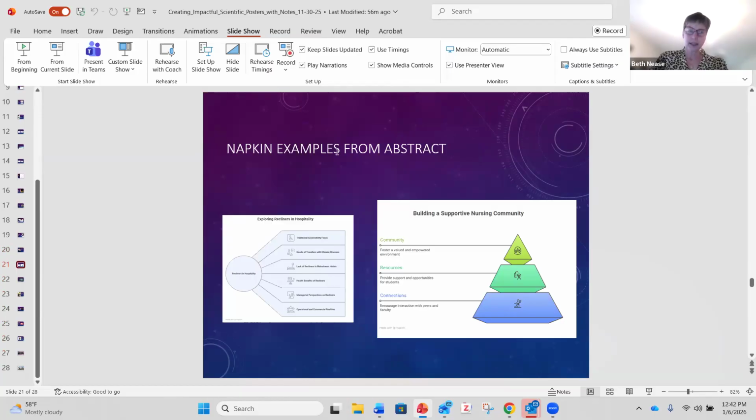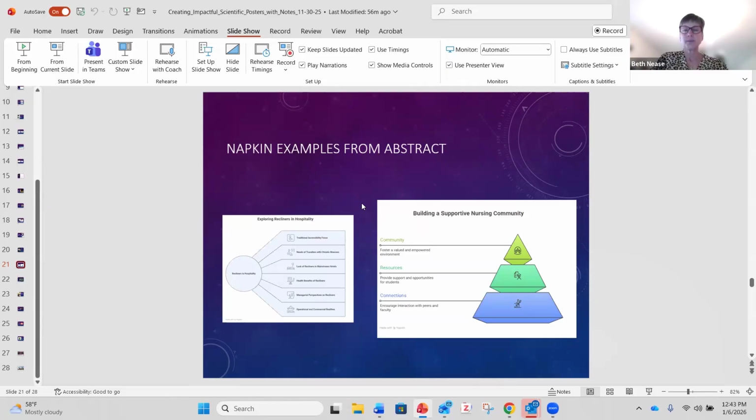So this is an exact example from Napkin, and Napkin is kind of more of a business tool than a research tool. But a lot of my research is related to nursing leadership type of issues. And so it very often is helpful in creating concept images that describe the research.